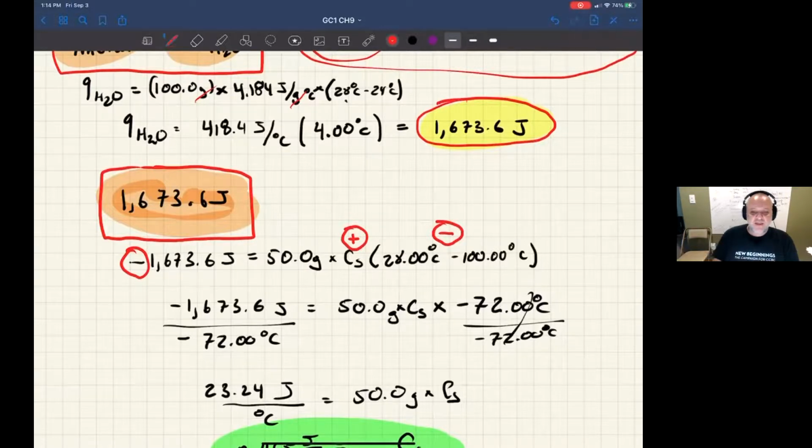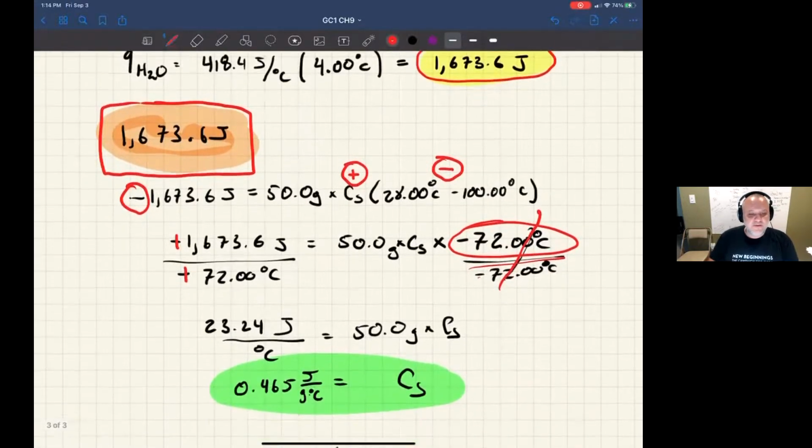And so you'll see 28.00 minus 100 is negative 72 degrees Celsius. And so when I divide both sides by negative 72 degrees Celsius, then these values become positive.